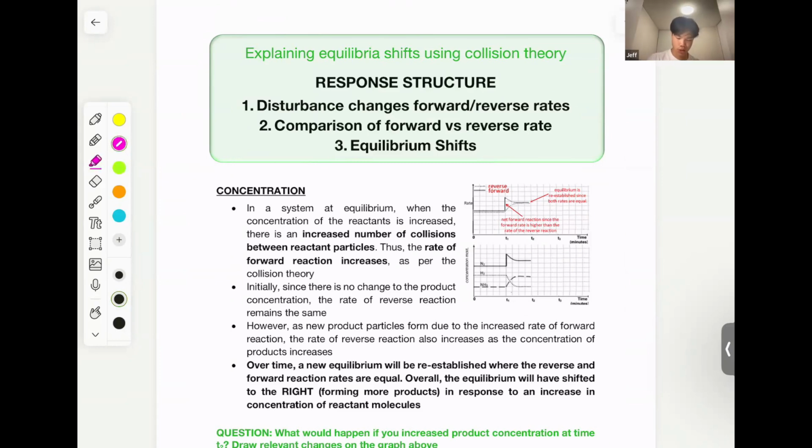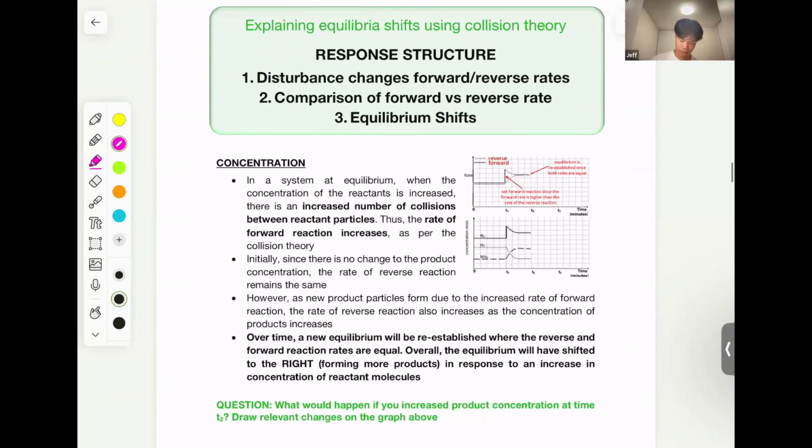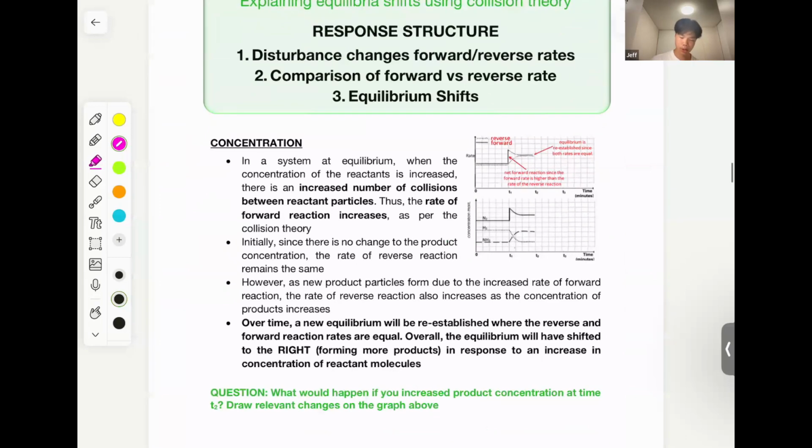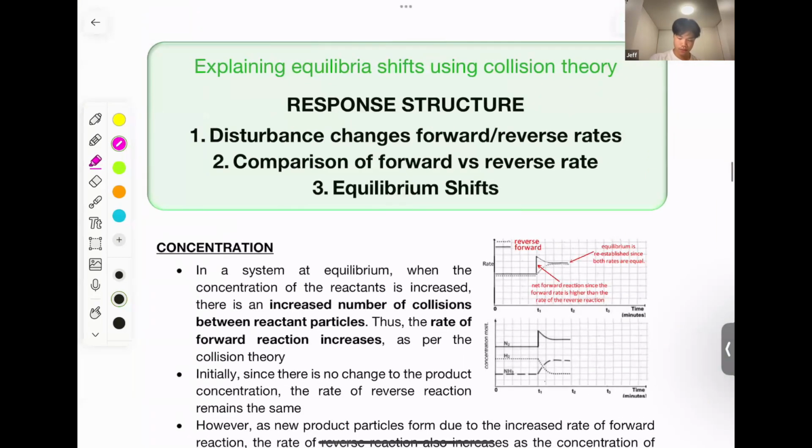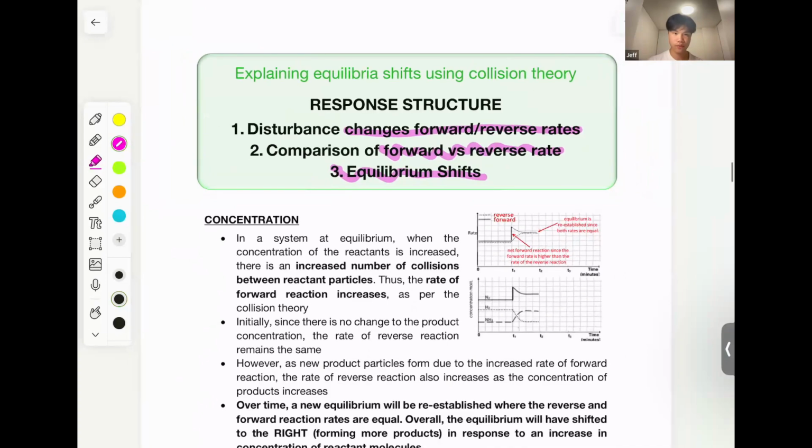In the response structure, you talk about which of forward and reverse rate changed, compare whether forward is higher than reverse, and then because, say for example, forward rate is higher than reverse rate, it means the reaction must proceed in the forward direction, and hence the equilibrium shifts right. So 3 stages once again to explaining collision theory.